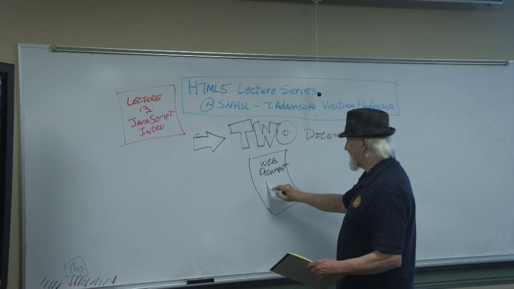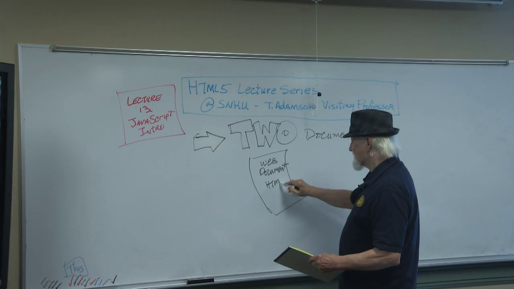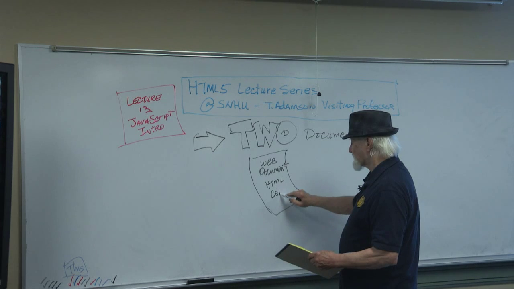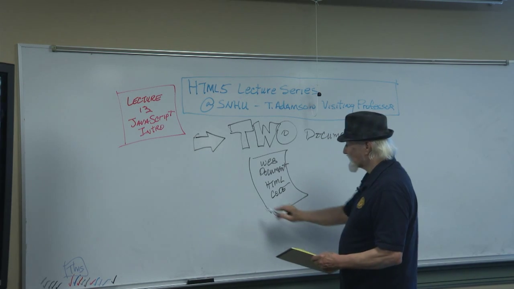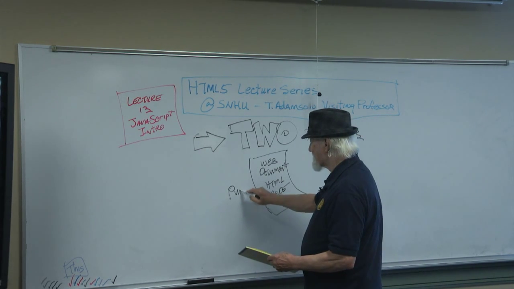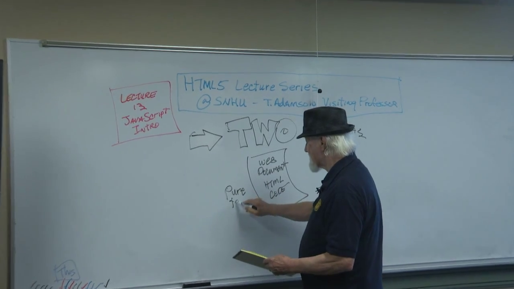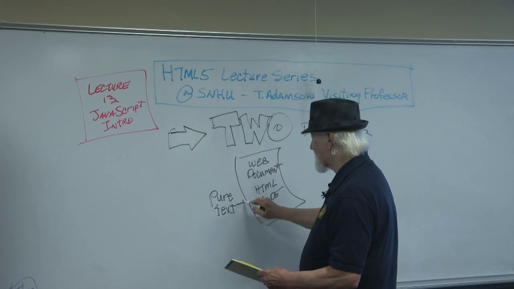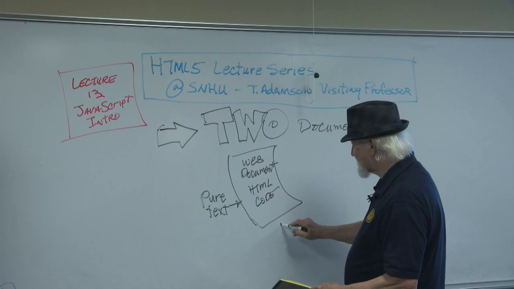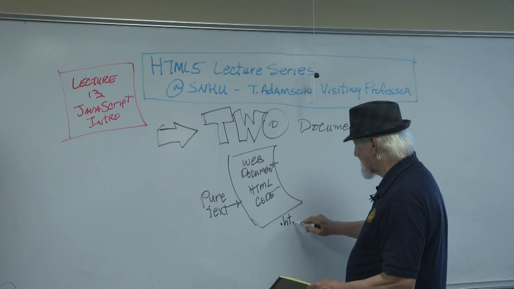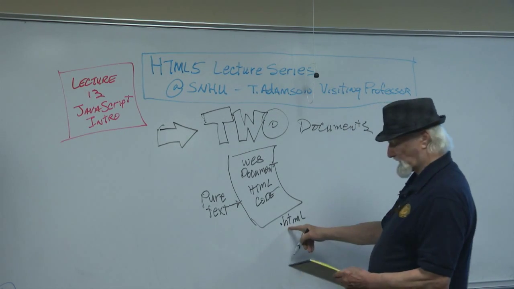And this contained the HTML code. And of course, this was pure text. That was one that we talked about. And these documents had the extension .html. Okay, that was their extension.